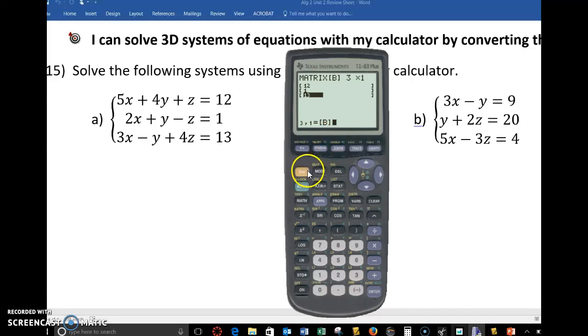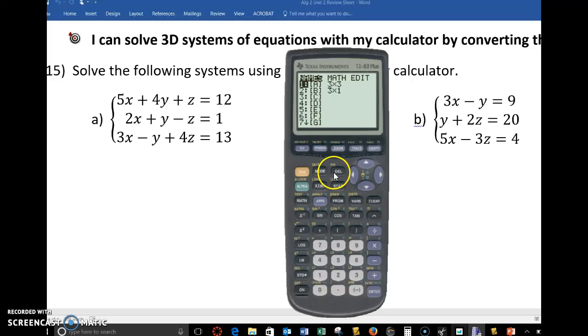Now I'm going to clear everything here and go to matrix A, but I want the inverse of matrix A. Let me put matrix A on the screen. Here's the inverse button.